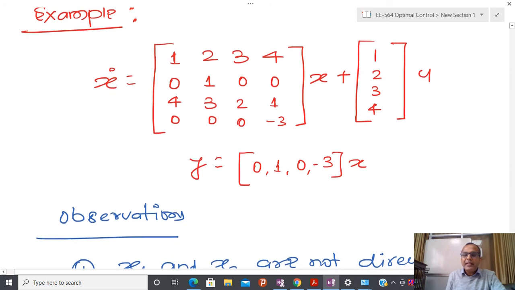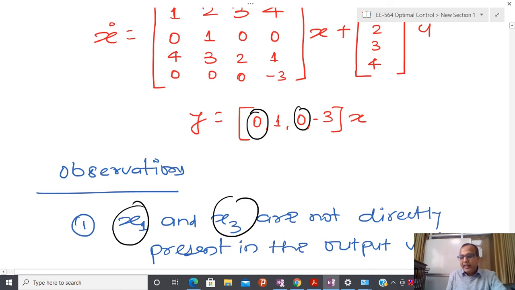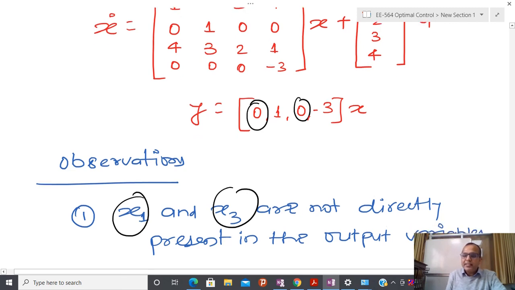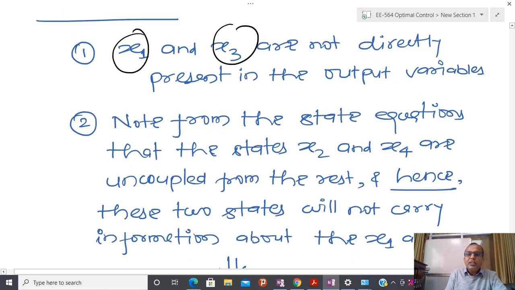You can see from the example that x1 and x3 are not included, all are 0. It means they are not included inside the output directly. So we have to see whether there exists an indirect connection or not. But if you see that, then the two states are also decoupled.